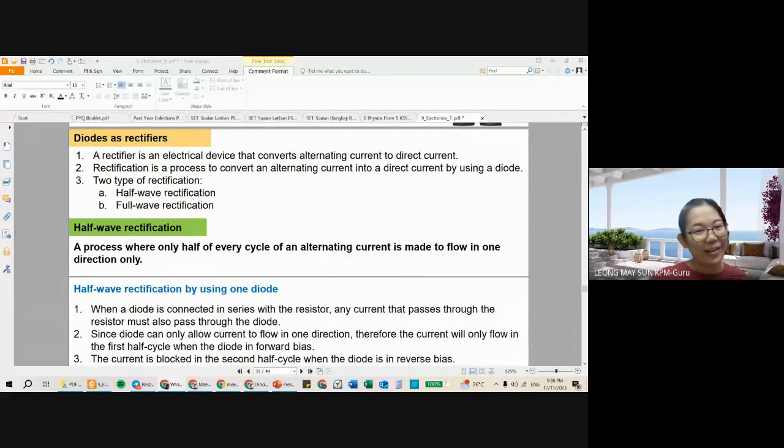All right, okay, let's talk about rectifier. It's a very quick process. Okay, I'm going to talk about rectifier.